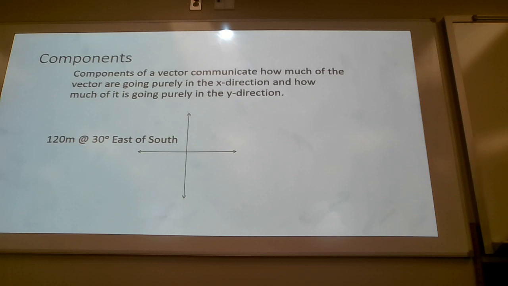All right. So let's say we take a journey going 120 meters at 30 degrees east of south. I want you to visualize how you would draw specifically 30 degrees east of south.